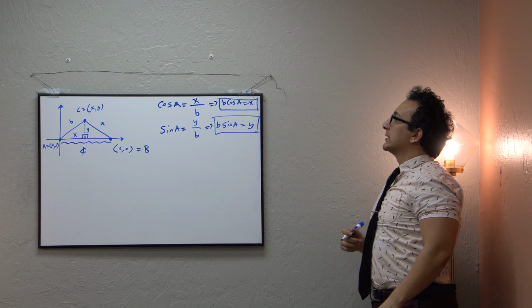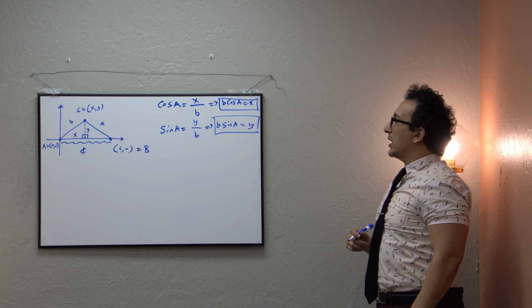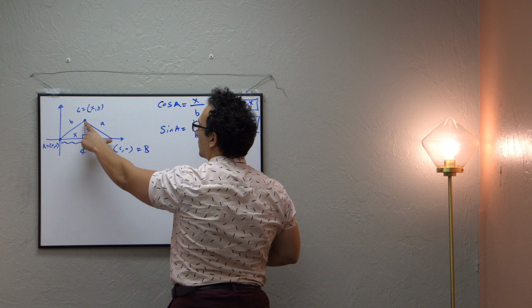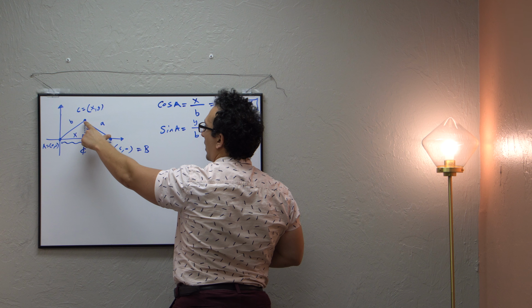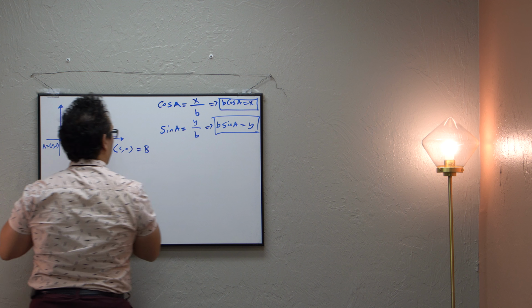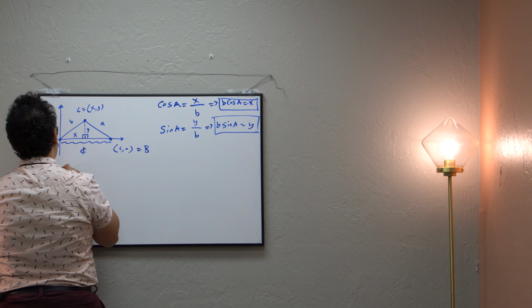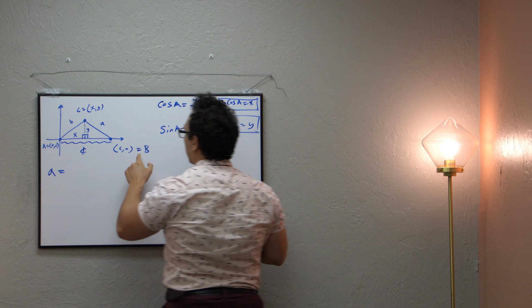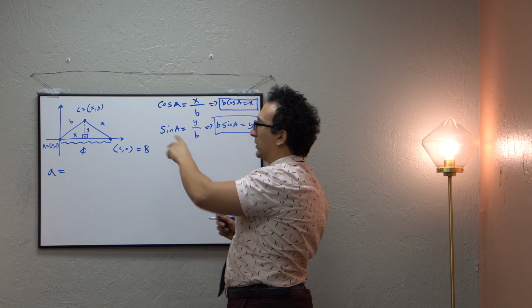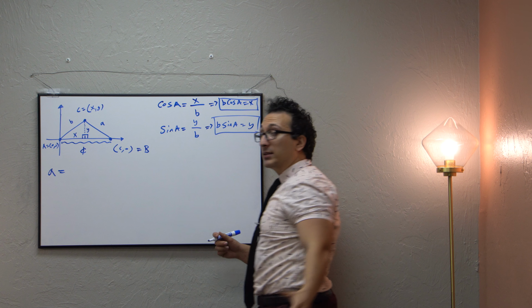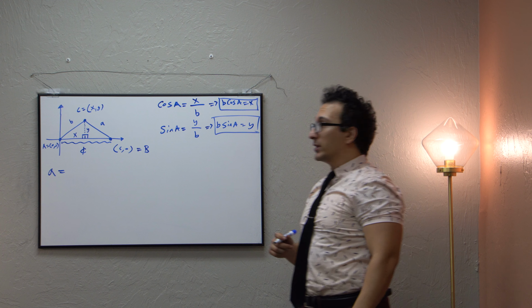Now, let's apply the distance formula between these two points. That would be the value a, right? The distance between this point C and this point B is the value of the leg length of the triangle, a. Is it not? Clearly it is.